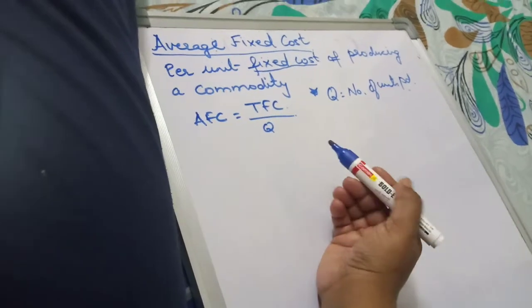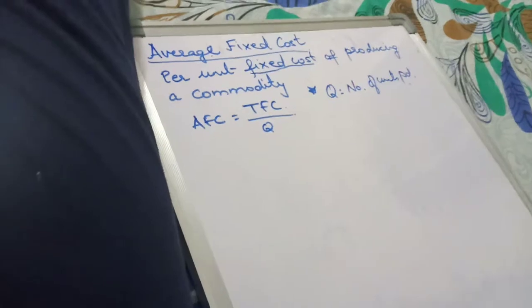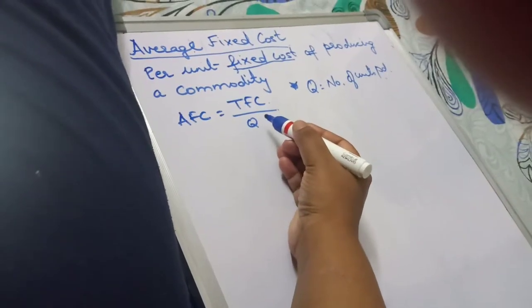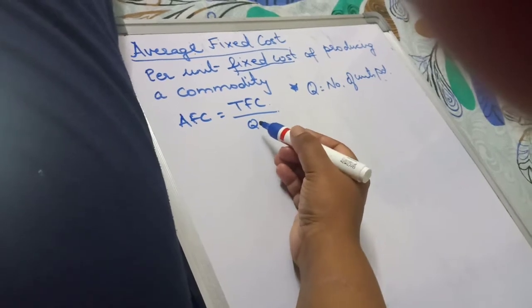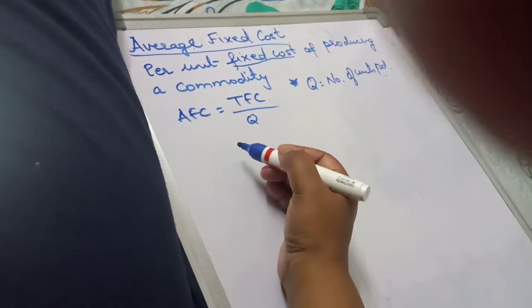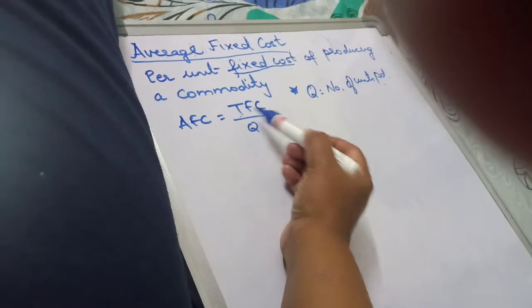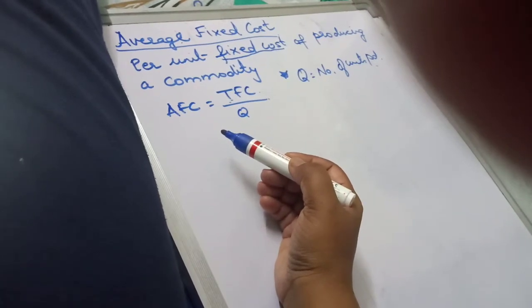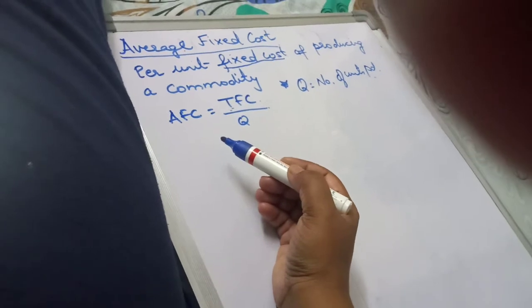Okay, now I'm going to give you a small hint towards how this AFC curve is going to be like. Now see, TFC remains constant at all levels of output. We've done that. It is constant, it does not change.